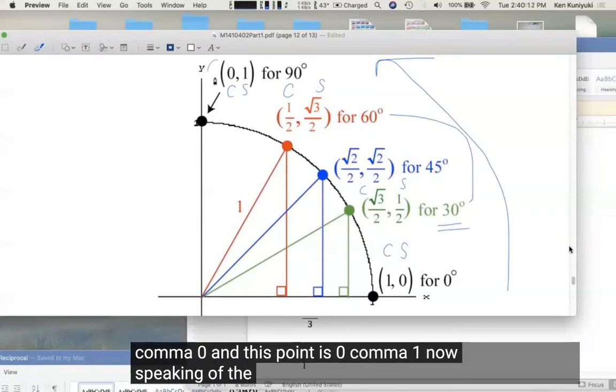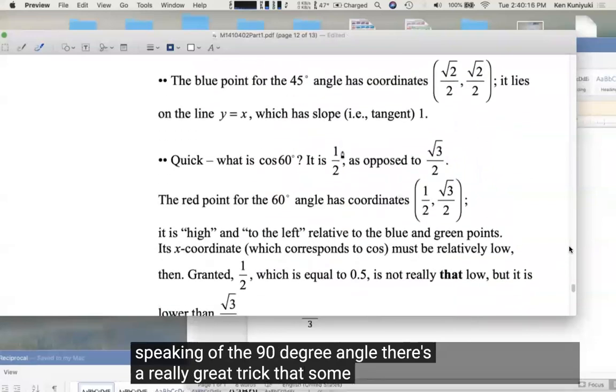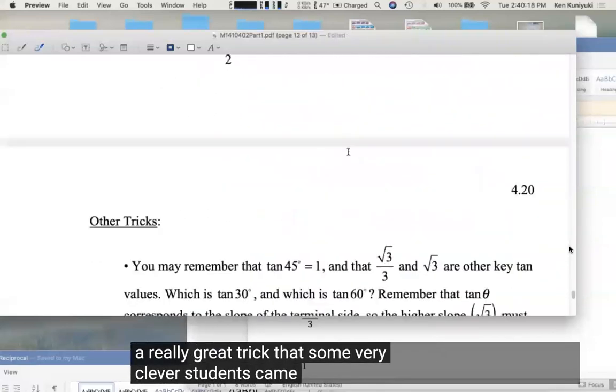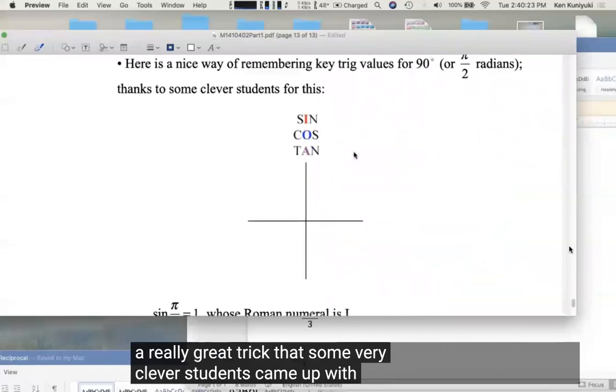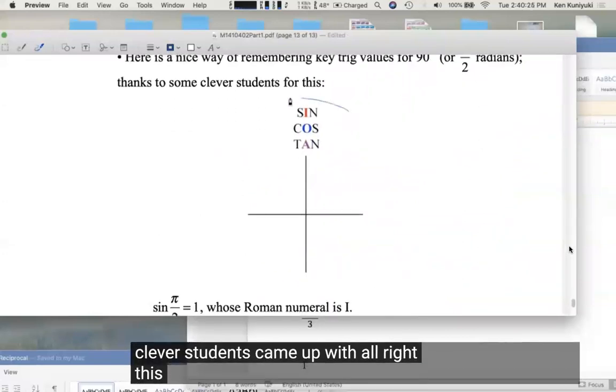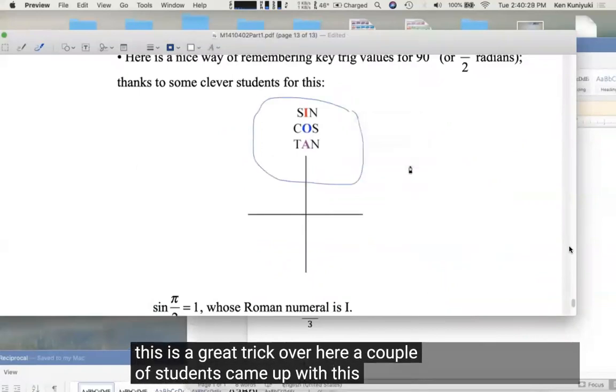Now, speaking of the 90-degree angle, there's a really great trick that some very clever students came up with. A couple of students came up with this.